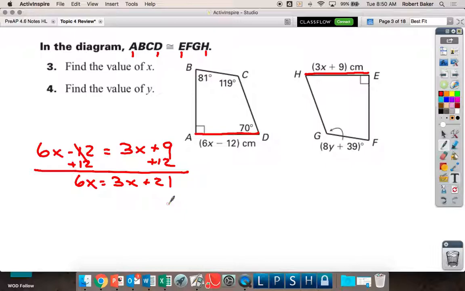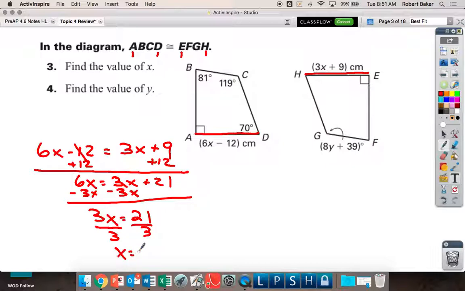And then I would subtract 3x from both sides to get all the x's on the same side. And then divide both sides by 3. X equals 7. Do I care how long the side is? No, I just care about x.